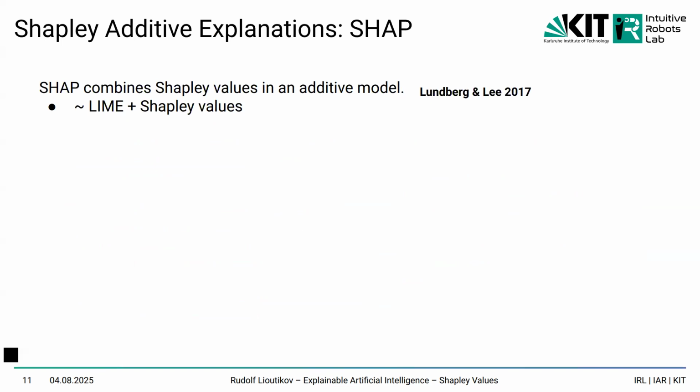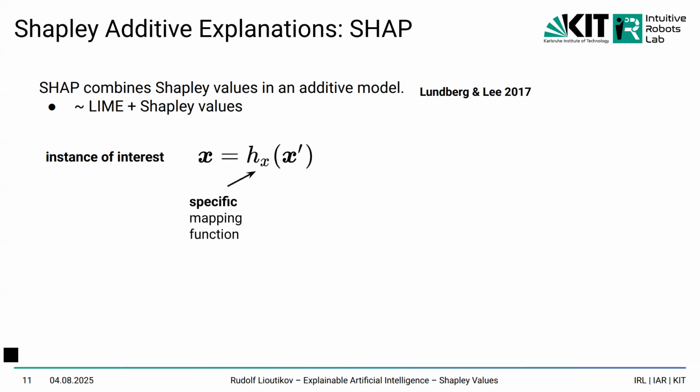Okay. So the idea of SHAP is basically one way of making this whole thing more tractable, which is to combine LIME, that we talked about in the previous block, and Shapley values together, right? So the idea here is, again, we look into additive models, like LIME is. We have our instance of interest, our x, and we assume that it's a projection into x dash, or from x dash, so that there's a simpler input, for instance, a binary vector, and we can map this binary vector to our x.